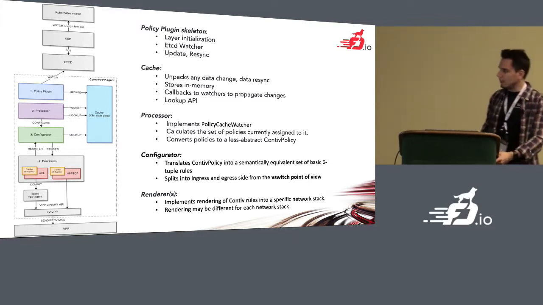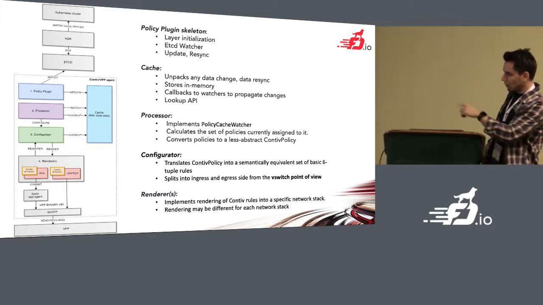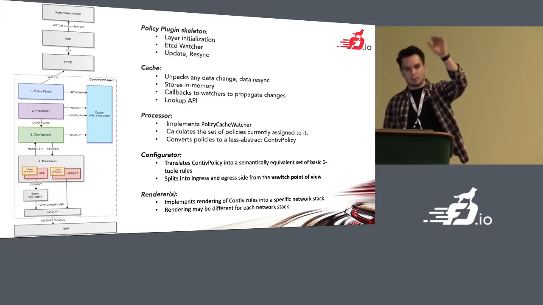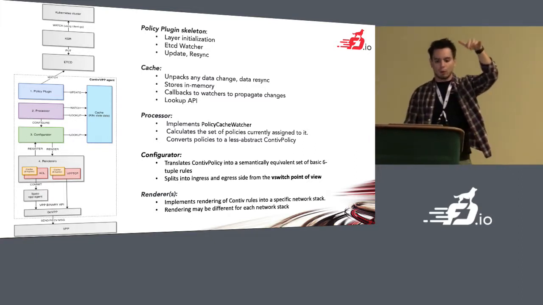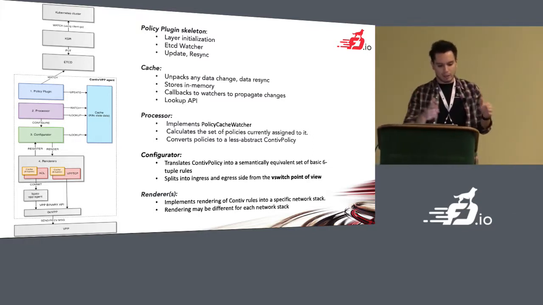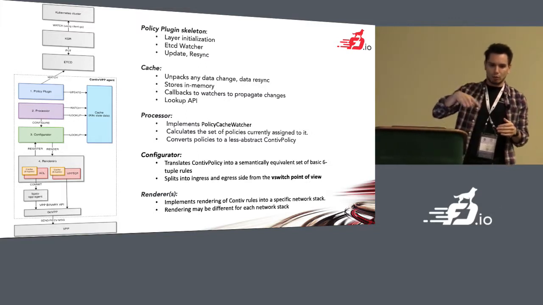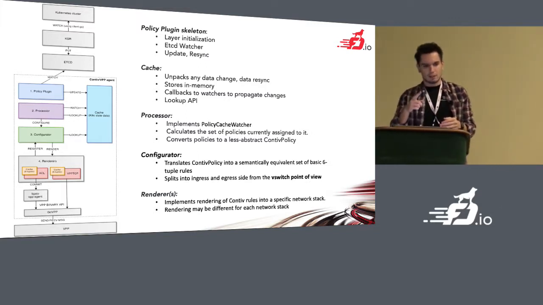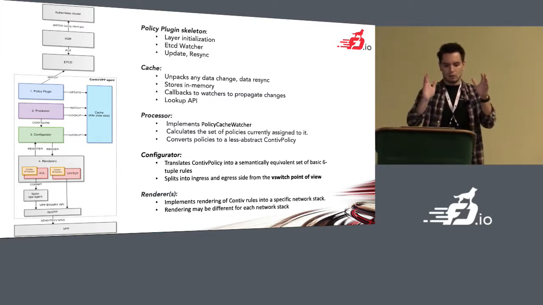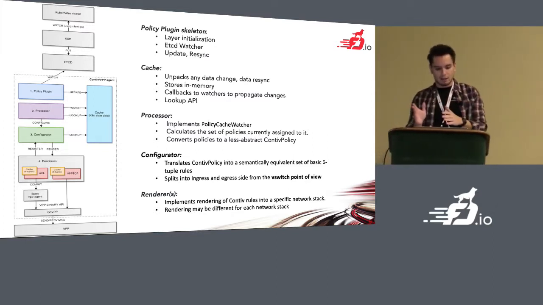Here again, you can see we follow the same architecture, where you have your Kubernetes master pushing down a Kubernetes network policy, and that gets reflected to the data store. And then we have the policy plugin listening for those changes. Now, the difference is that all the changes we have from the etcd data store, we store in cache.